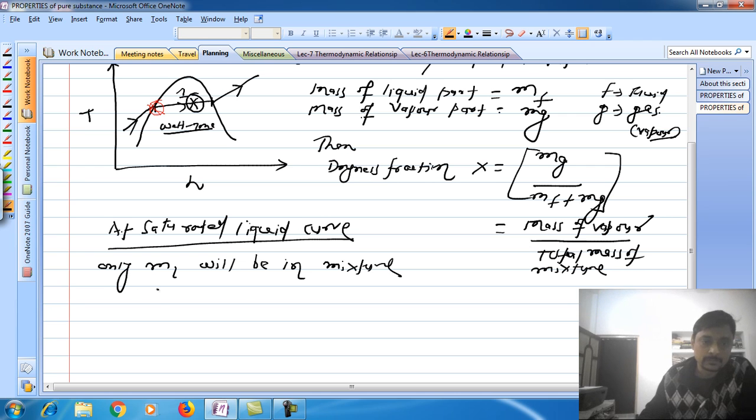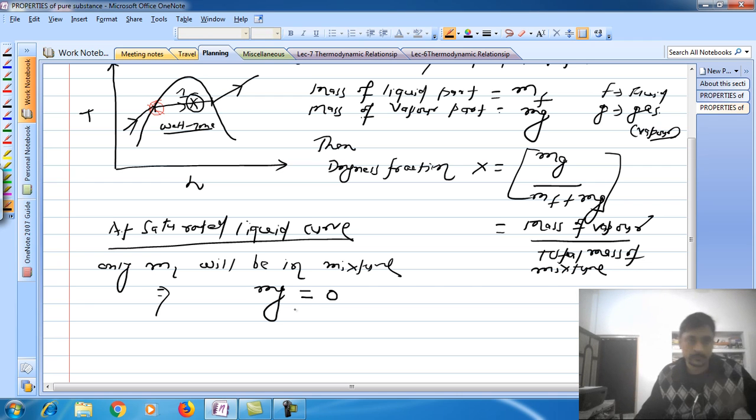In this condition, the mass of vapor mg will be 0.